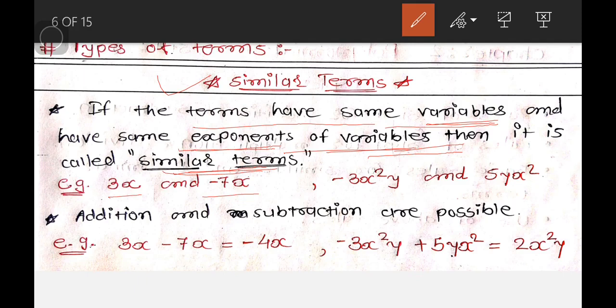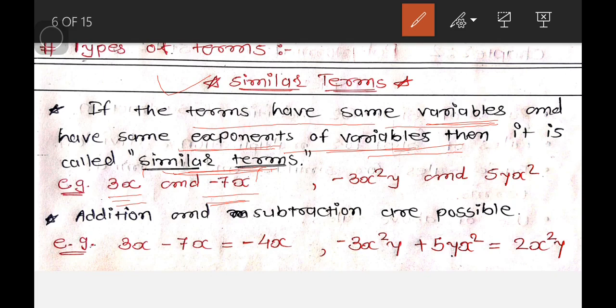Here you can see that both terms have the same variable x, and you can also see that x has exponent 1 and here also exponent 1, so both terms have the same exponent of the variable, then we can say that 3x and minus 7x are similar terms.